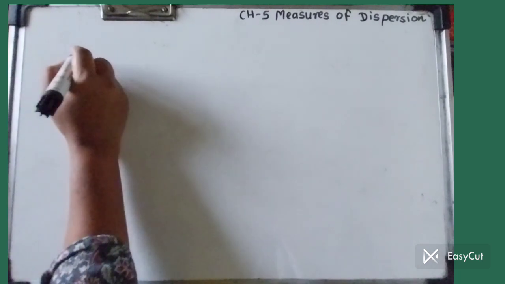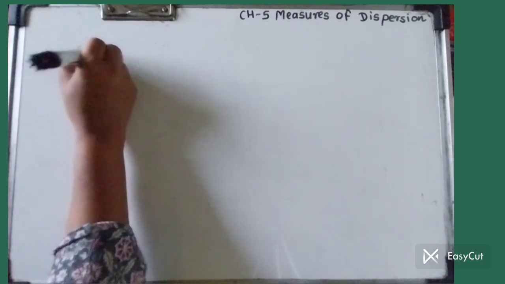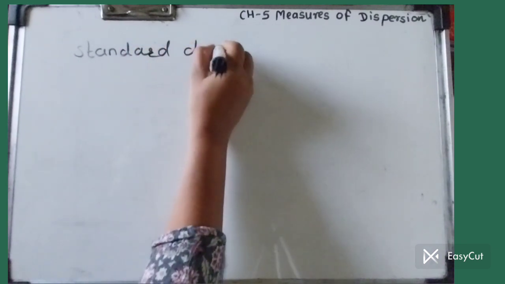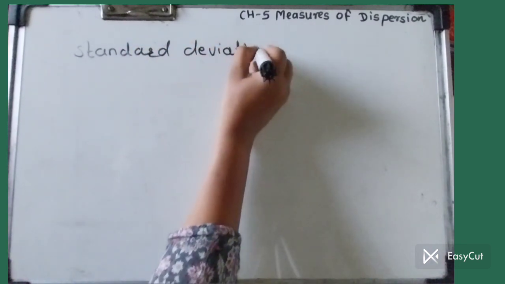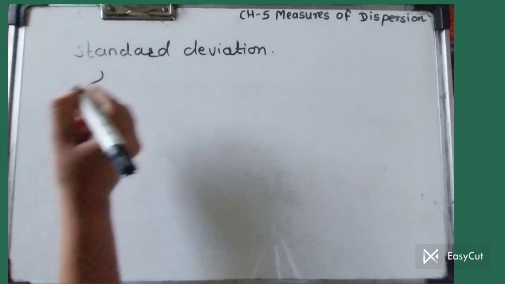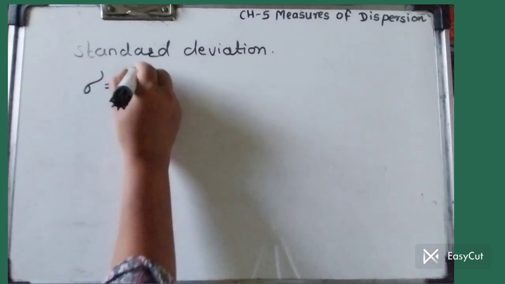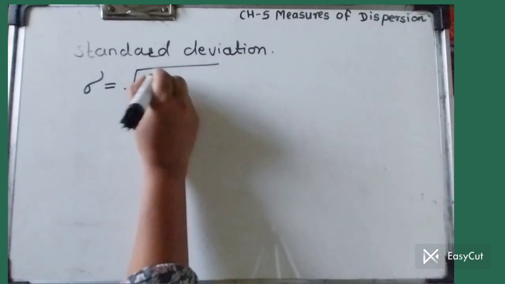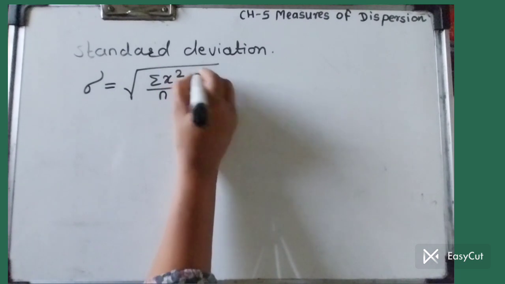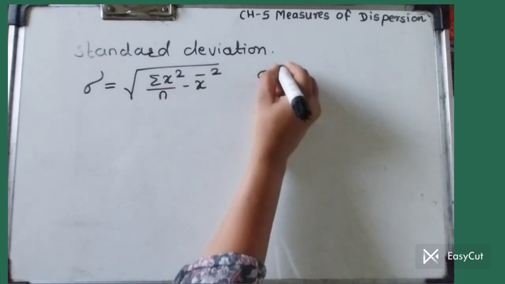For the standard deviation, we denote it by sigma, and the basic formula is the square root of summation x square upon small n minus x bar square. This is for only observation.